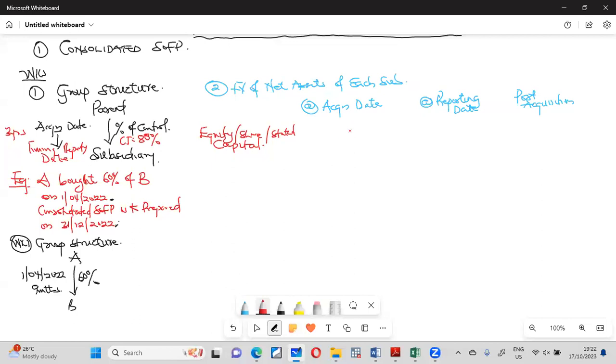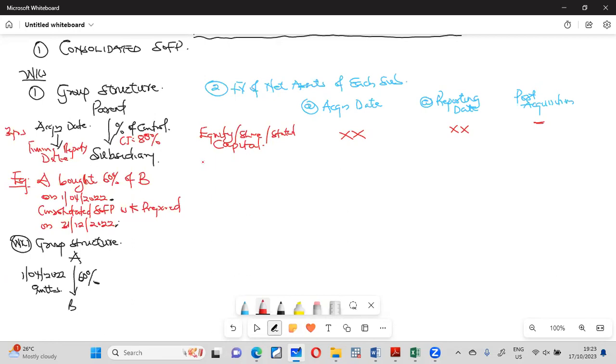You figure that one at the acquisition date, and at the reporting date. Most of the time, share capital doesn't change. So the movement will be 0.